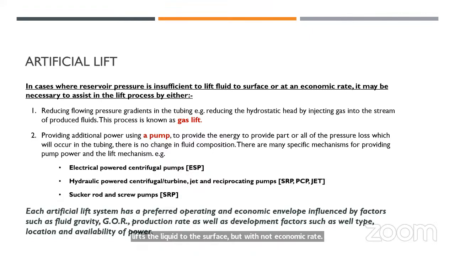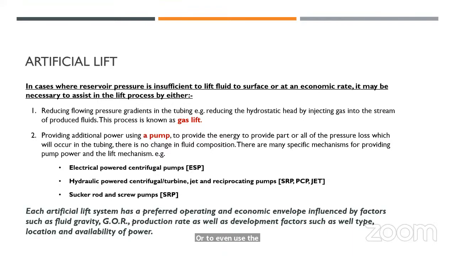Let's say we have a well, but the energy in this well can produce up to 50 barrels, but 50 is not economic for us, so we need to produce more. So sometimes we need to install an artificial lift system to get an economic rate, or even to produce the well in cases where the well can't produce.